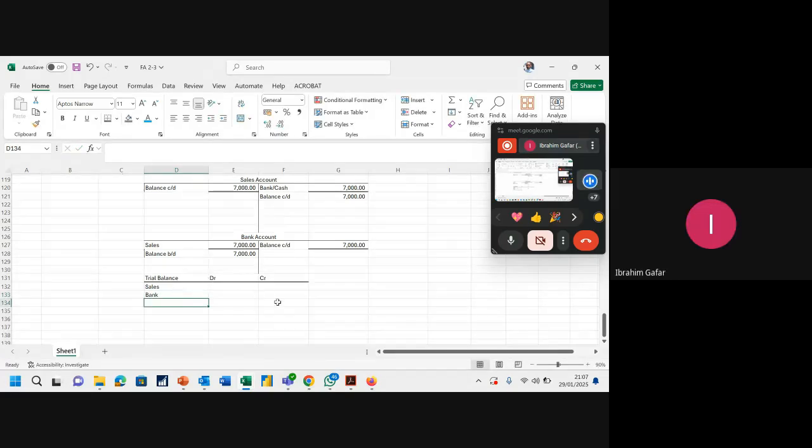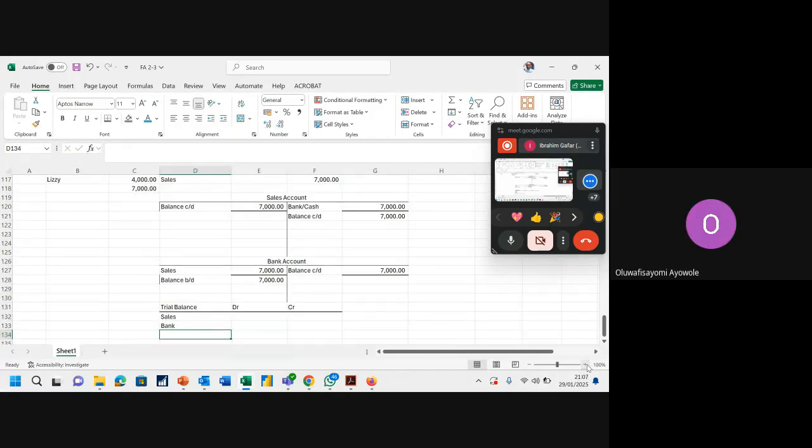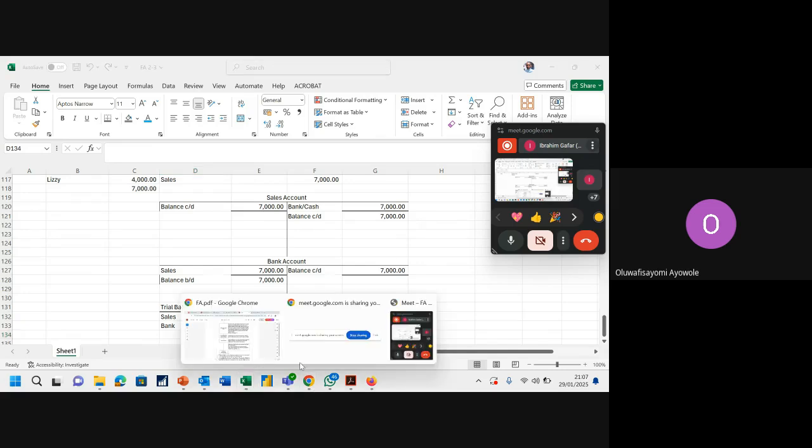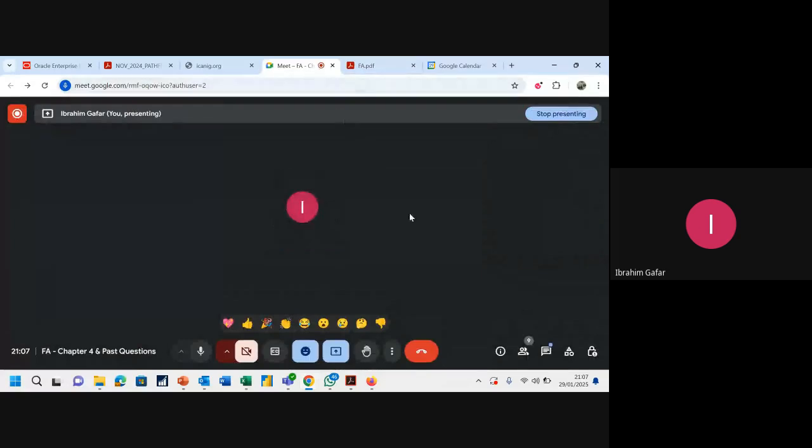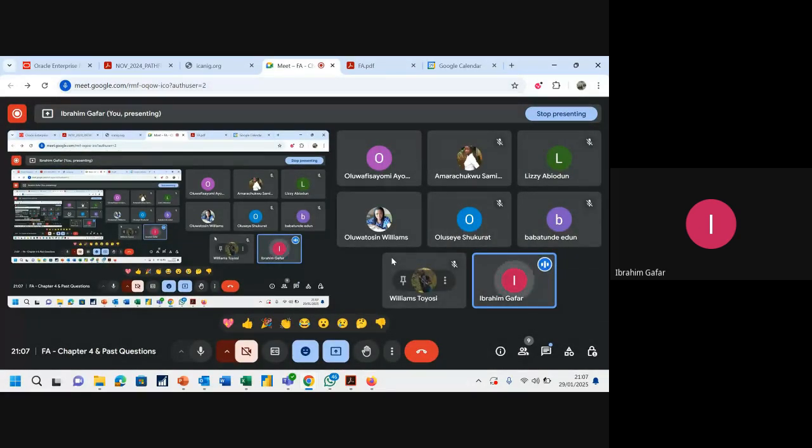Okay. You say what? I should do what? No, the person should zoom their screen in to be able to see right there. Okay. Who is that person? Williams. Uncle Williams. Okay, is it Tosin?